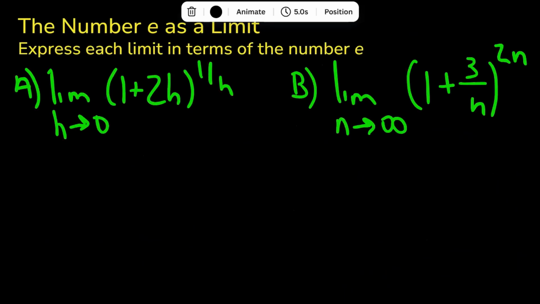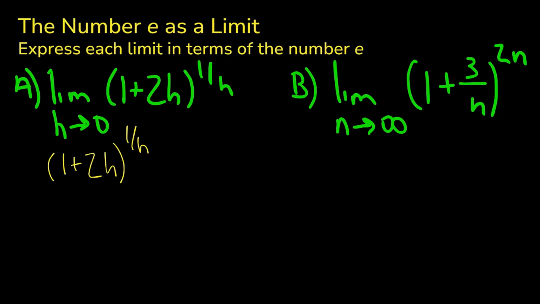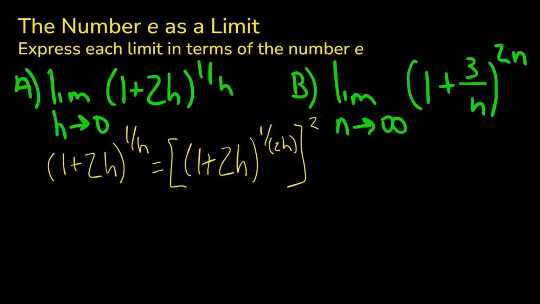Now, let's look at two limits where we want to express each number in terms of e. The first one looks very, very close to the first limit definition, and with some manipulation, it can be expressed like that. So if we take the expression and rewrite the exponent as, now, let me tell you how we did that there.